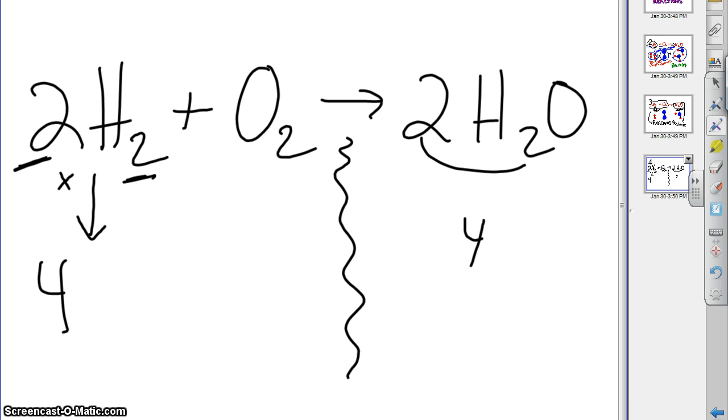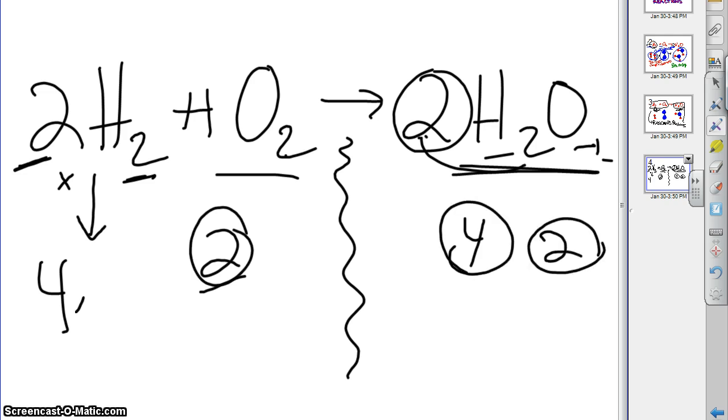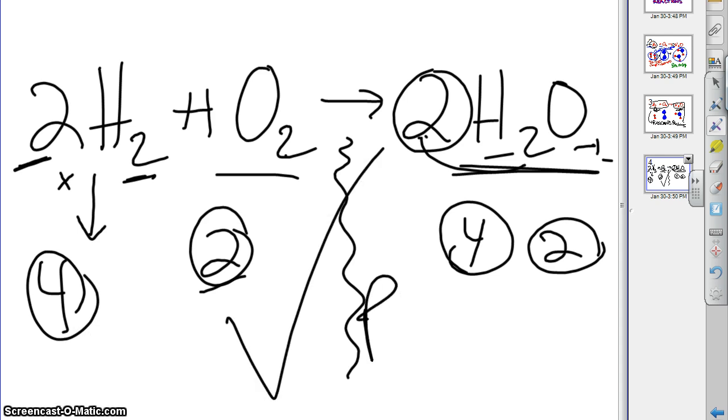And then if we look at the oxygen, we have an understood 1 here. 1 times 2 is 2 oxygens, and this 2 applies to both the hydrogen and the oxygen because they're all part of one formula. It doubles everything in the formula. So 2 times this understood 1 here will be 2 oxygens here, 2 oxygens, 2 oxygens, 4 hydrogens, 4 hydrogens. We're okay. It's balanced.